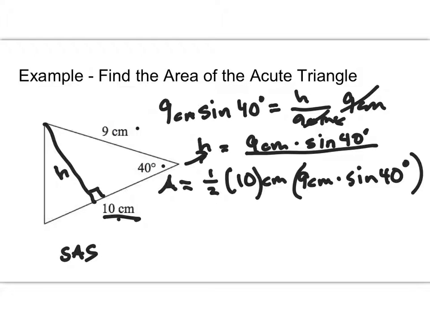Again, I wouldn't round. I would put this all in my calculator in one step because you don't want to get a rounding error. When I calculate that, I end up getting 28.9 centimeters squared. It's as simple as that to calculate the area of a non-right triangle.